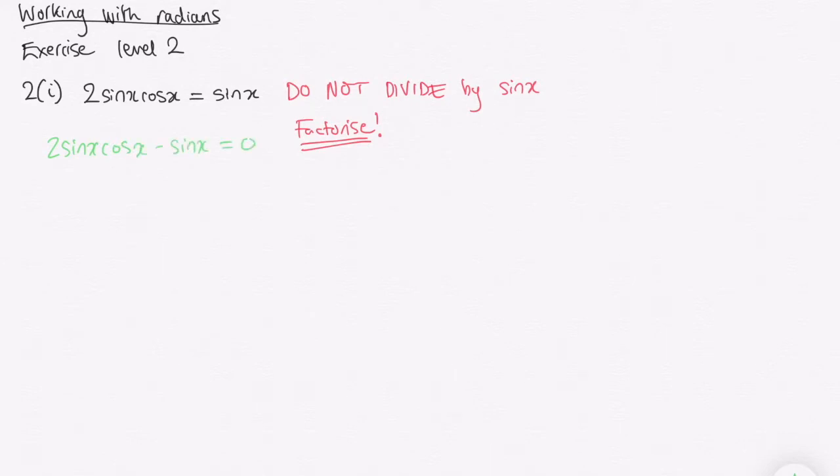If we take a factor of sine x, we get sine x, open brackets, 2 cos x subtract 1, equals 0. And we can see, therefore, we've either got sine x equals 0, or we have 2 cos x minus 1 equals 0.